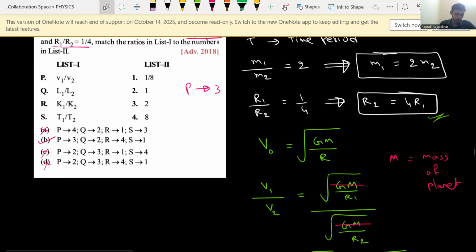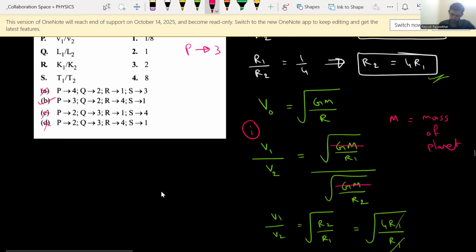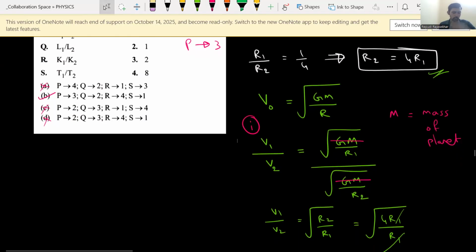Next, angular momentum ratios. First option verified, that is over. Second option is angular momentum. The formula for angular momentum, I think everyone knows. We have discussed it in terms of inertia also, in rotational mechanics. Try to remember L equals I omega, L equals mvr. Two formulas are there for angular momentum.